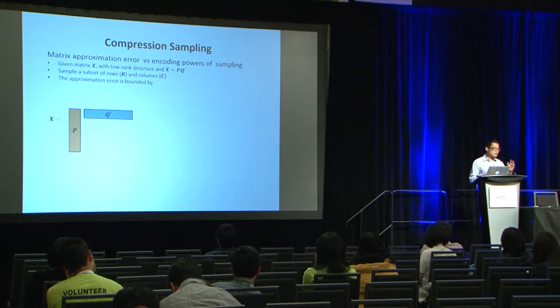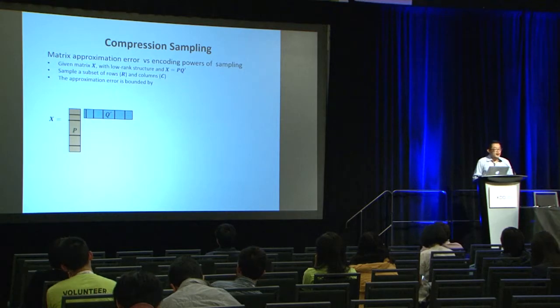Our goal is to select a subset of rows and columns from X, which naturally corresponds to the rows and columns in P and Q prime. Our theoretical analysis shows that in order to approximate X accurately with the generalized Nystrom method, the selected rows and columns in P and Q prime should be the representative ones.